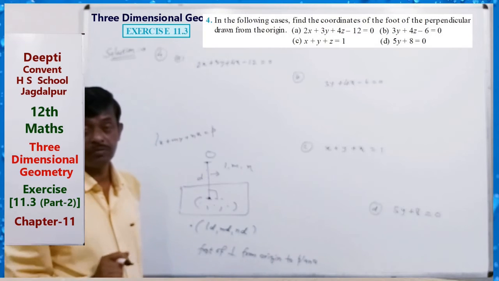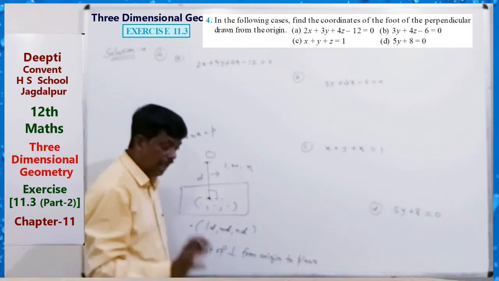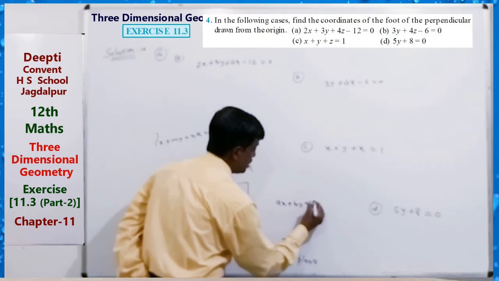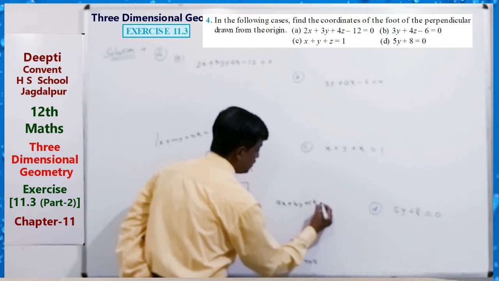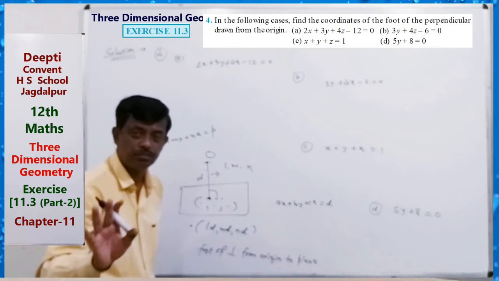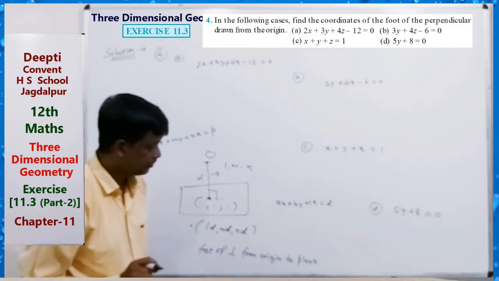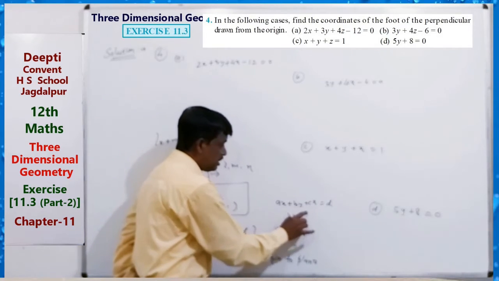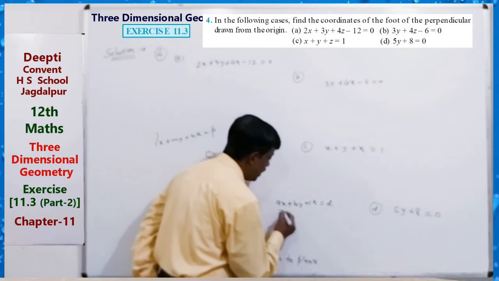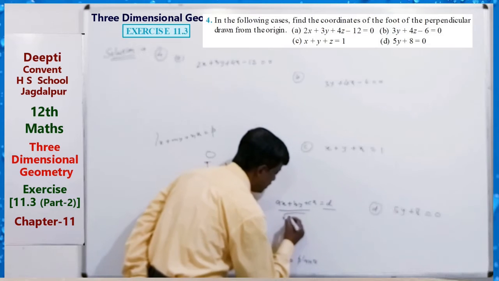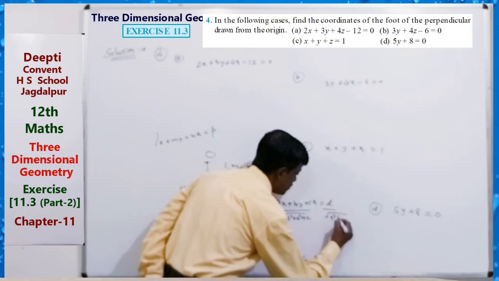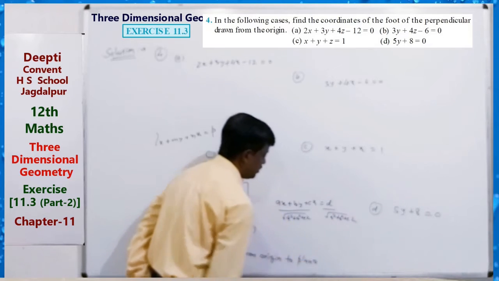How can we change to normal form? For a plane ax plus by plus cz equals d, a, b, c are the direction ratios of the normal to the plane. Divide both sides by the square root of a square plus b square plus c square.